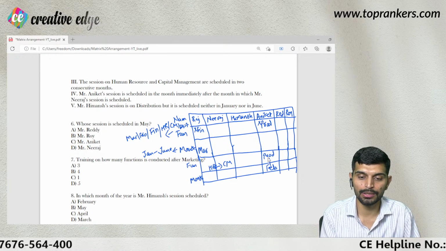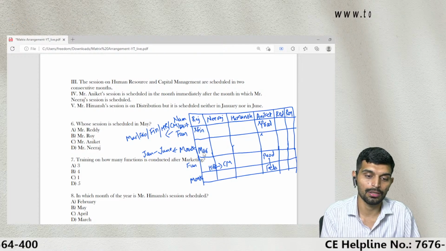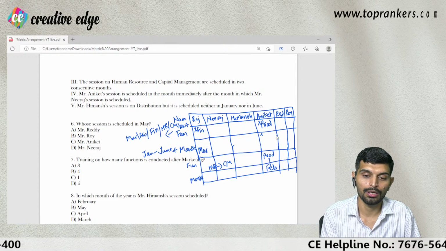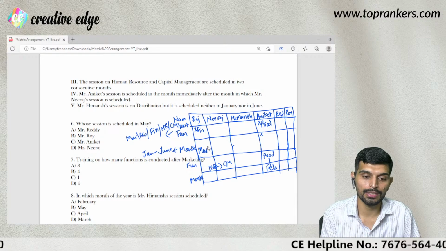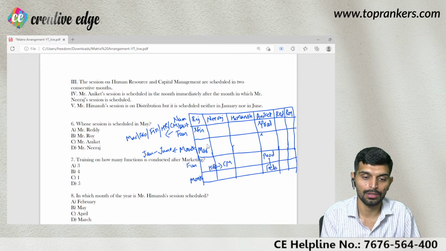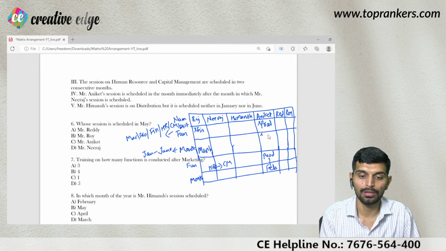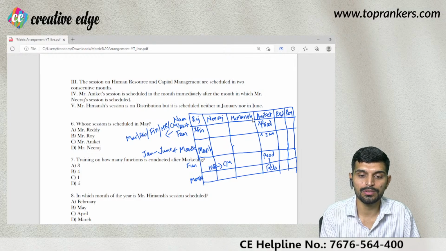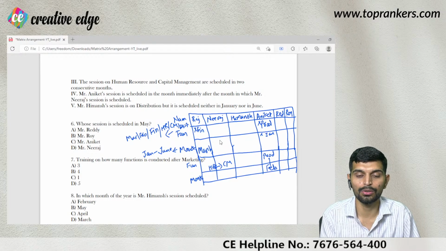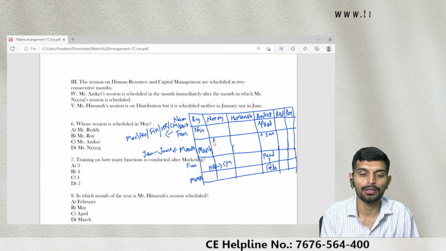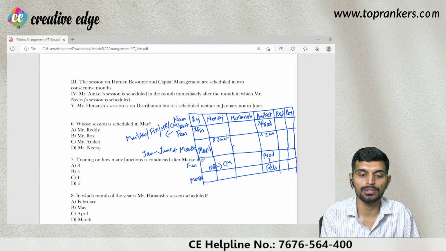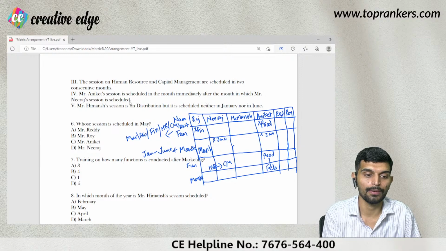It means Aniket cannot take a session in January at least. And definitely Neeraj cannot take a session in June, right?